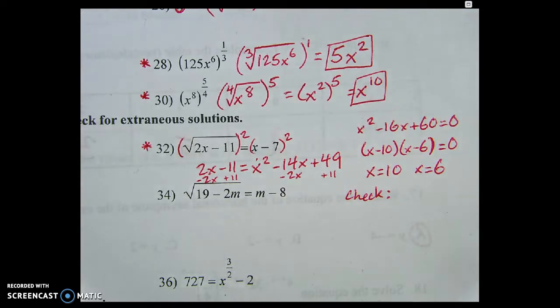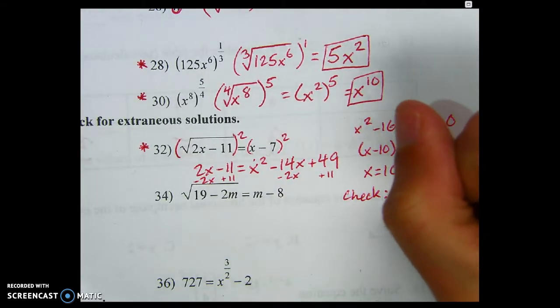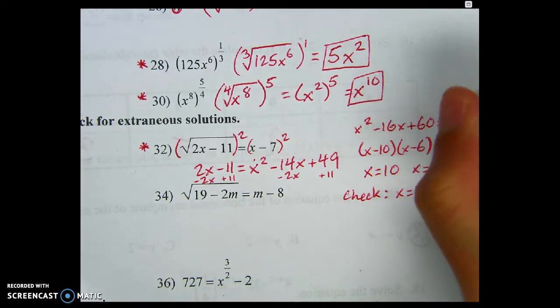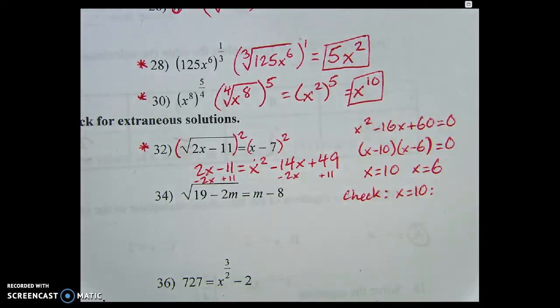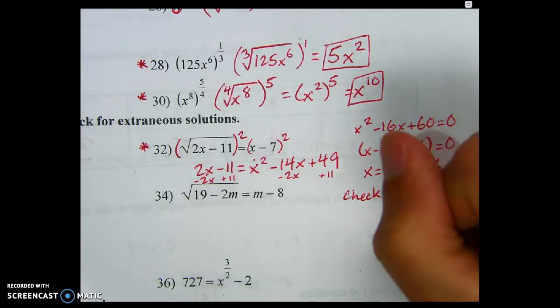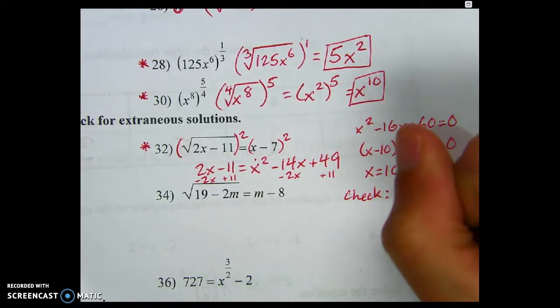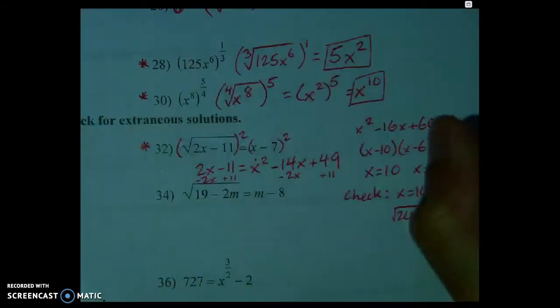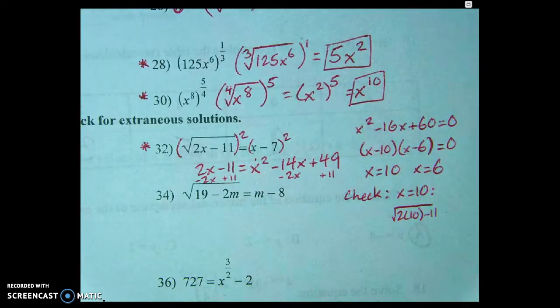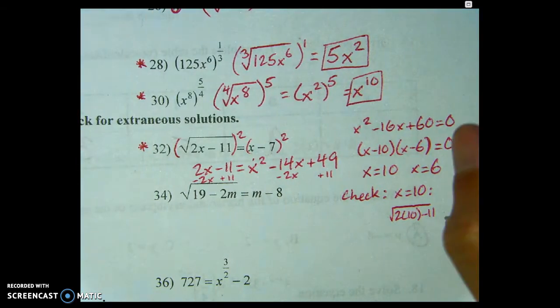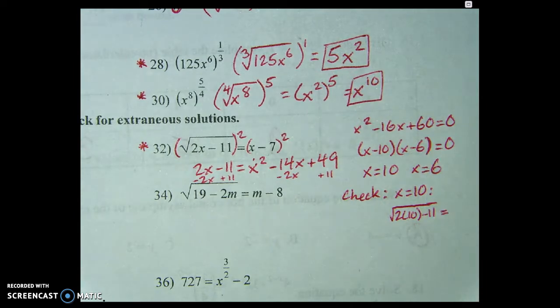So here's the check. We're first going to check x equals 10. And that's going to look like, going back to the original equation, does the square root of 2 times 10 minus 11 equal 10 minus 7?